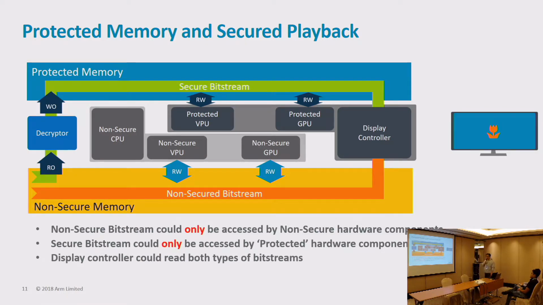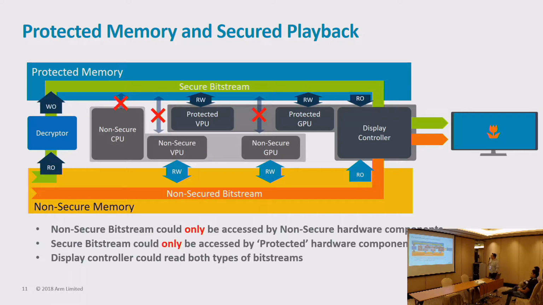And the display controller, because it needs to show maybe both types of bit streams, could read only from both types of memory, and finally display on the monitor. The non-secure hardware components include the CPU.